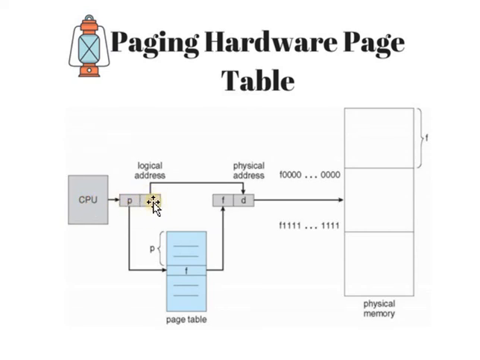Here the translation of logical address to physical address is actually done, and this is a very easy process. We know the logical address contains two parts, P and D, that means a page number and the offset.